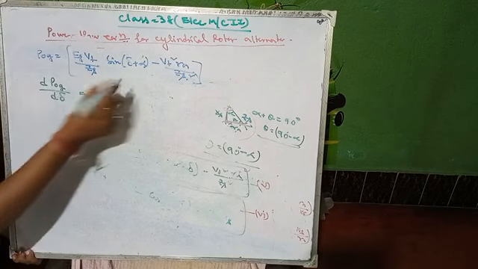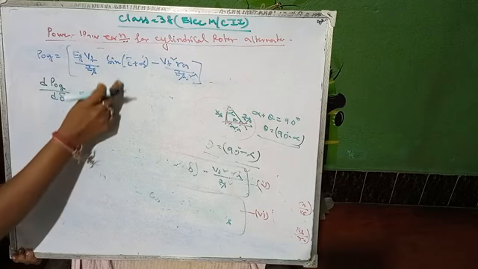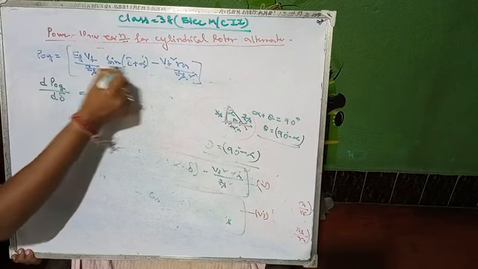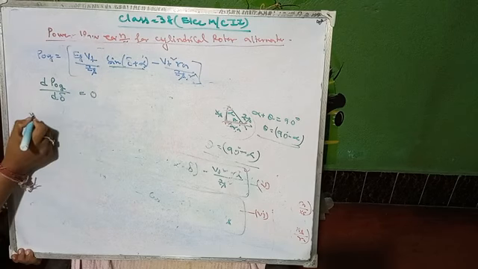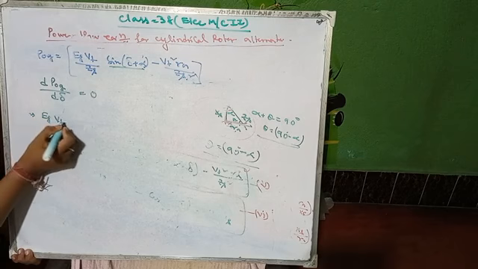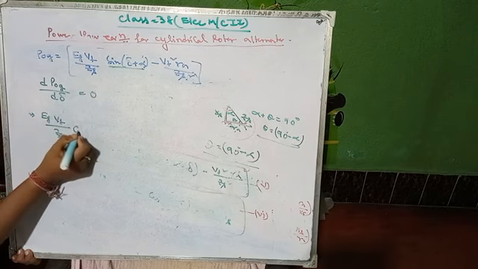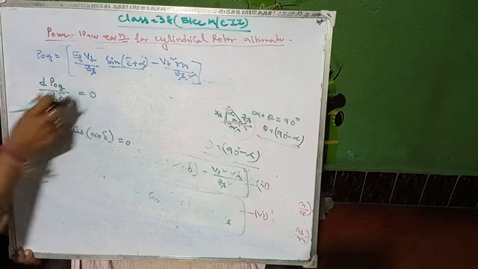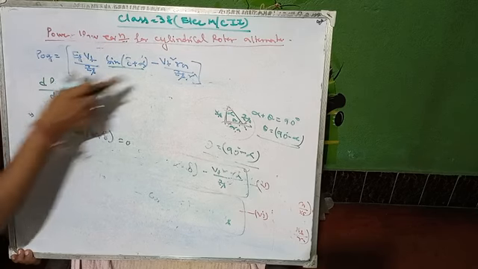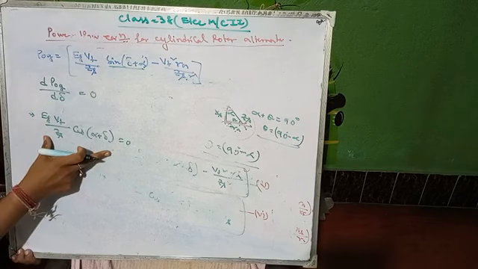If we differentiate by del, then only the del part is present in the first term. That will equal EF Vt by Zs cos of alpha plus del equals 0. Please do this differentiation and you can get this relation, okay?